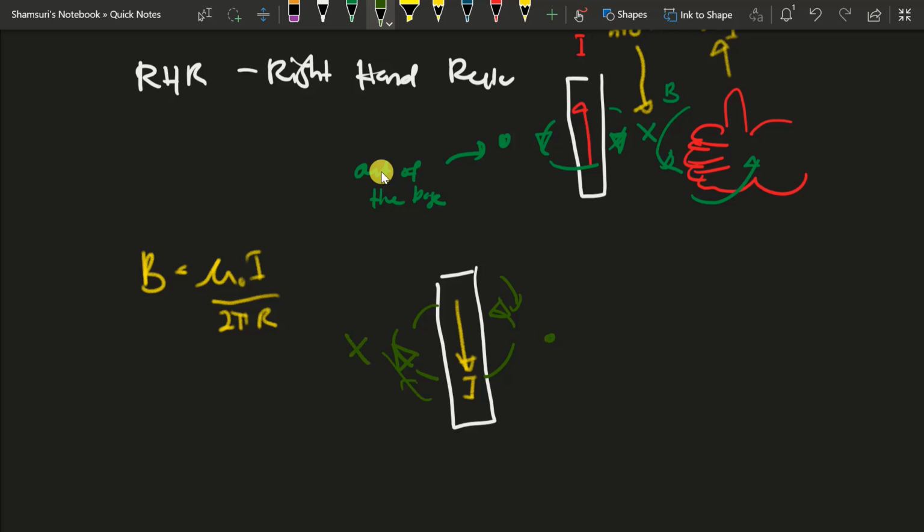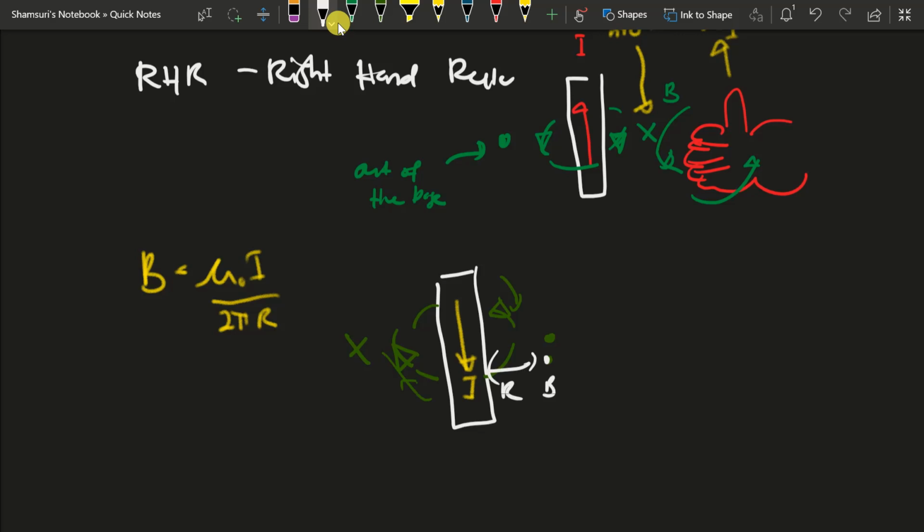Then we can calculate, if B is placed here, this is the value of R, the distance R here.